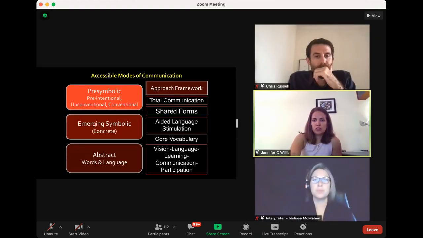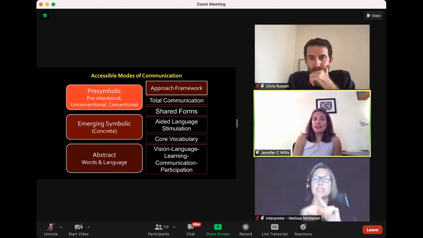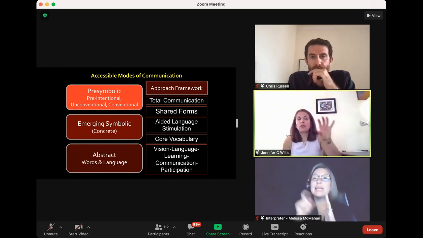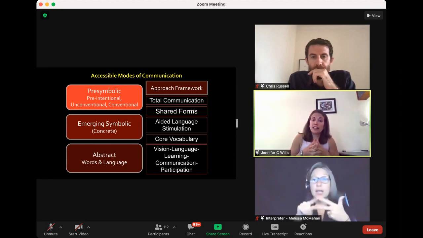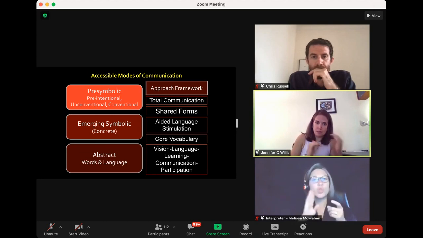These were just your approaches to communication, showing that there are many different modalities of communication. But they still need to fit into one of the three areas, either pre-symbolic, emerging, or abstract, and might be modified in order to fit that student's need at that level.